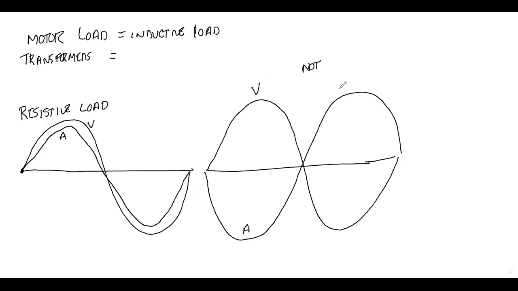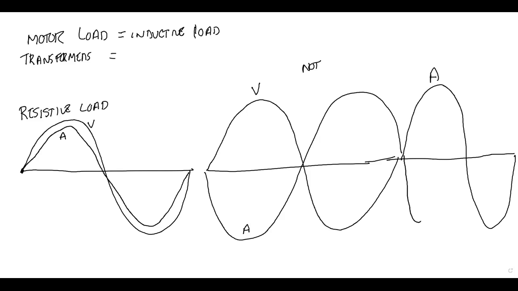So what do I put in my system to bring this more into phase? Capacitor banks, which are this, 180 degrees different from an inductive load. So that's why we use capacitor banks on our system.